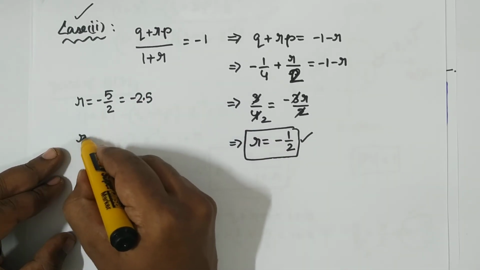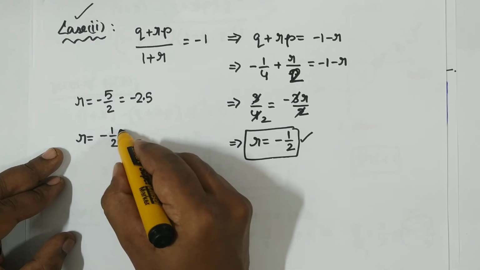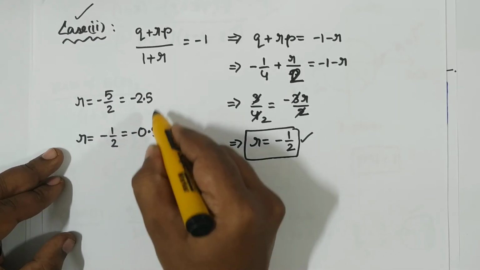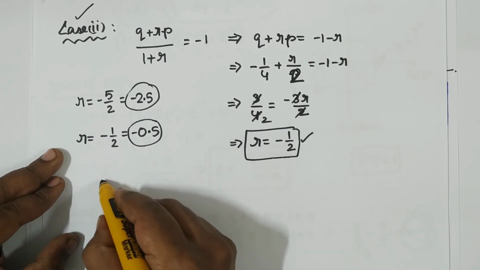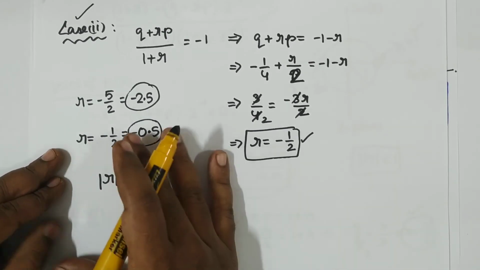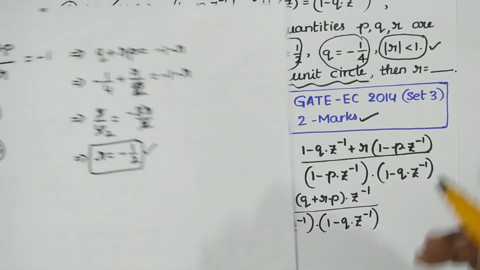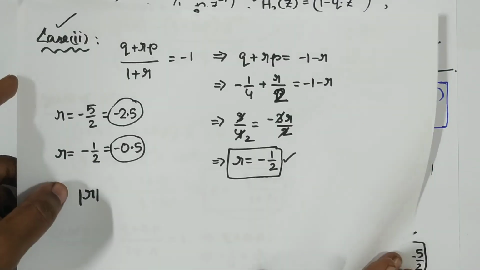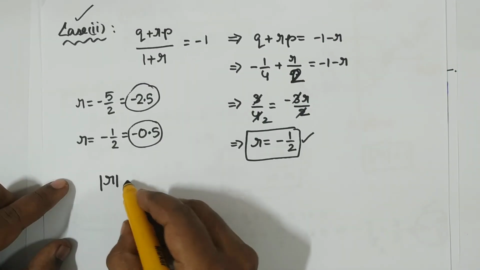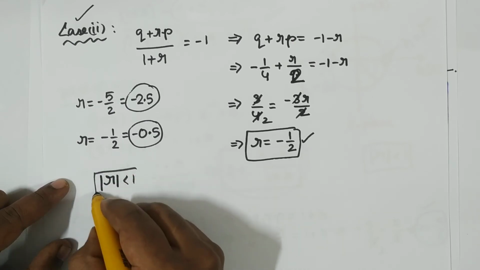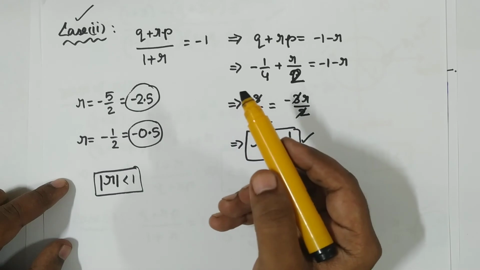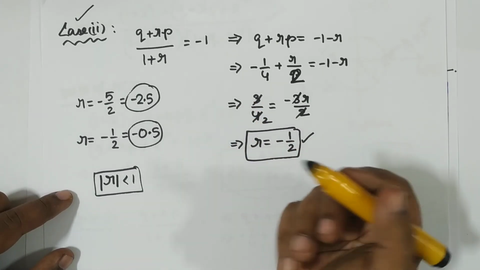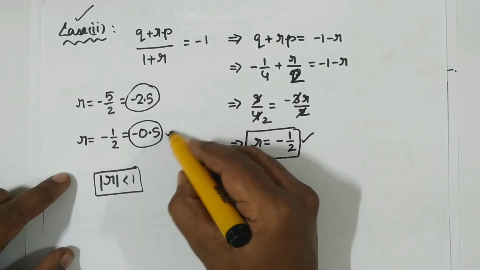In case 2 we have r is minus half. So minus 2.5 or minus 0.5. The condition to be satisfied is that r must be less than 1. Who is less than 1 here? Negative 0.5 or this fellow? Obviously I can go for this one.